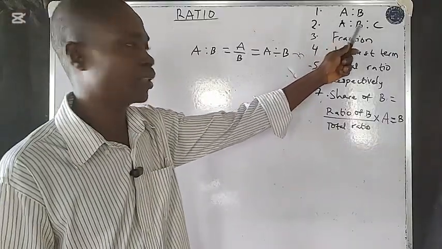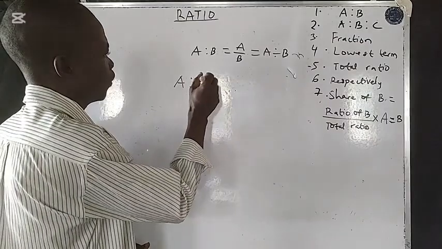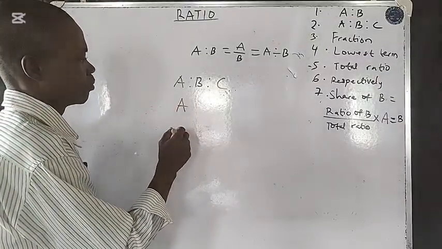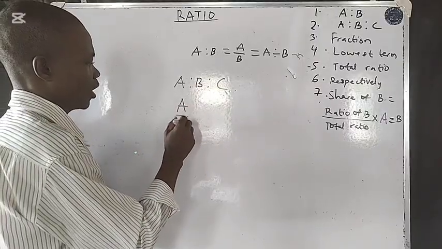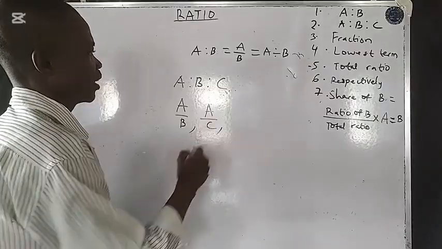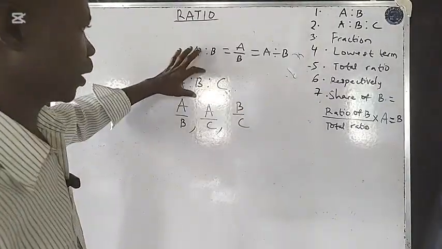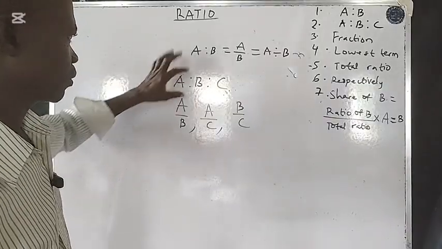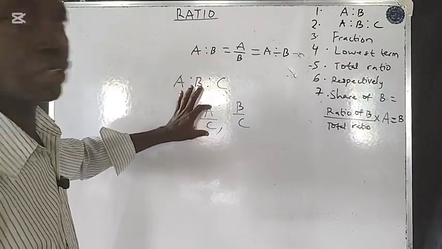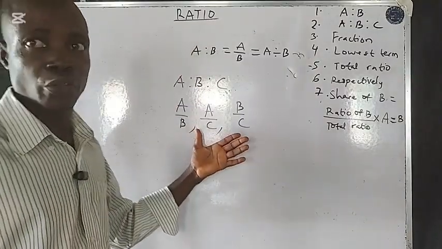A ratio B ratio C can be written in this form: A over B, A over C, then B over C. So when we have A ratio B ratio C, we can say A and B together, A ratio B, and we can also say A ratio C, then B ratio C. That's another way to express it.